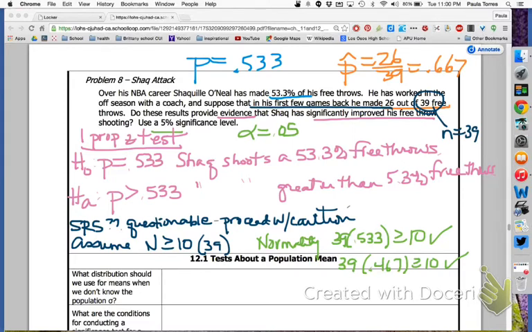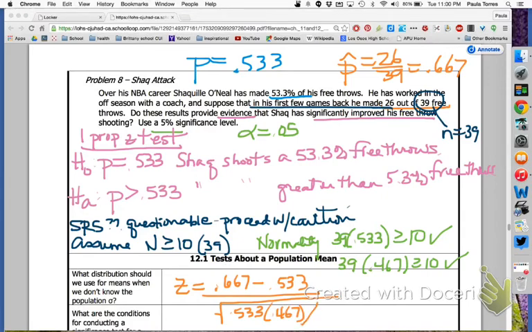Remember, I'm going to need a bell curve for this also. So I'm going to have z equals, and I need my p-hat, which was 0.667, minus the p-naught, over the standard deviation. But remember, since we're doing a z-test, it uses the p-naught inside that standard deviation.